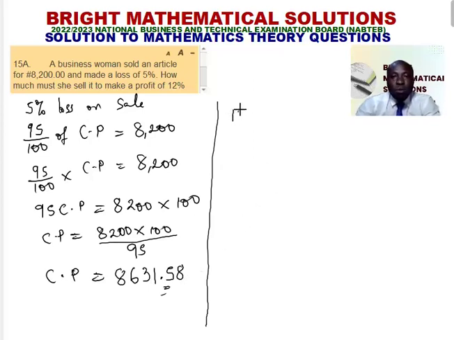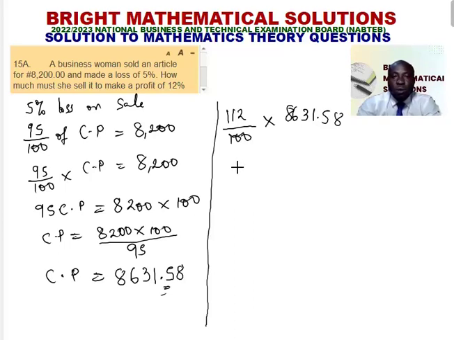That will now be 112 all over 100 multiplied by 8,631.58.